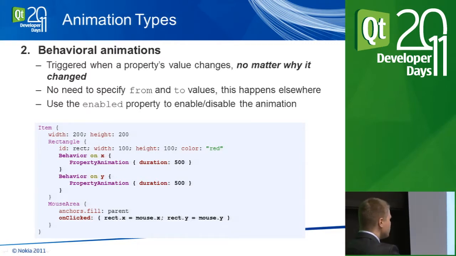What this means is that as we change the value of the X and Y properties, the QML animation makes sure that when the value changes, let's say from 0 to 100, you just assign the new value, but the animation makes it animate all the steps in between those values.